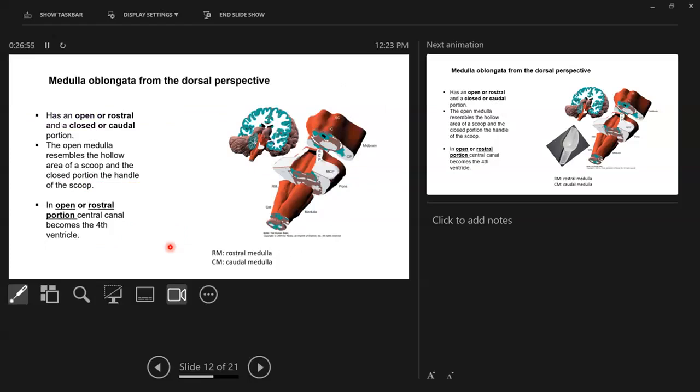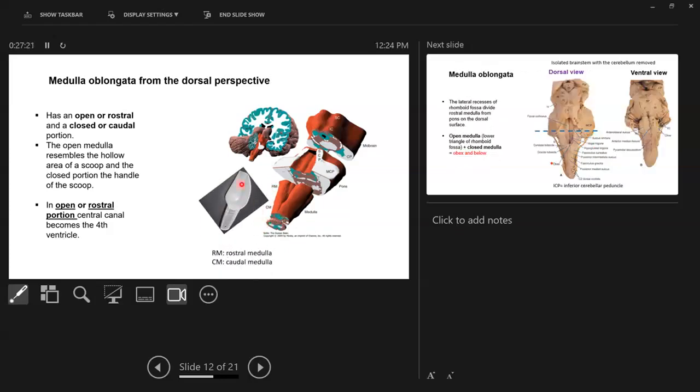Here's the medulla oblongata from the dorsal point of view, again with the cerebellum removed. Midbrain, pons, we are focusing on the medulla, noticing the open medulla, RM, or rostral medulla, as opposed to the caudal medulla, CM, with some imagination reminding us of a scoop.